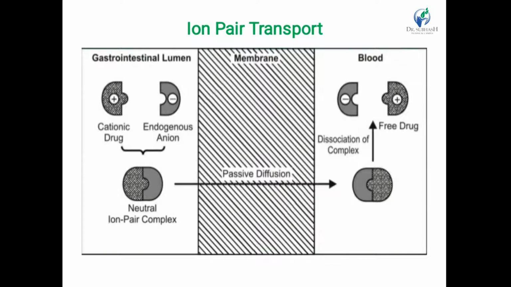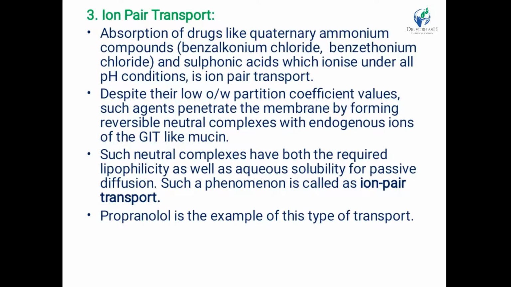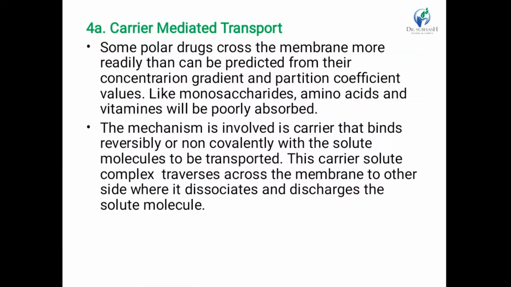When it reaches the blood, it dissociates and frees the drug molecule. Such neutral complexes have both the required lipophilicity as well as aqueous solubility for passive diffusion, and such a phenomenon is called ion pair transport. An example of this process is propranolol.